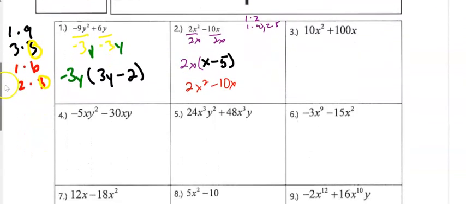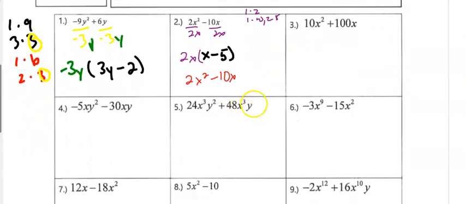Alright, one last one. Let's look at 5, since 5 is a little bit more detailed. So we got 24 and 48. Actually, let's do, so our values to get 24: 1 and 24, 2 and 12, 3 and 8, 4 and 6.